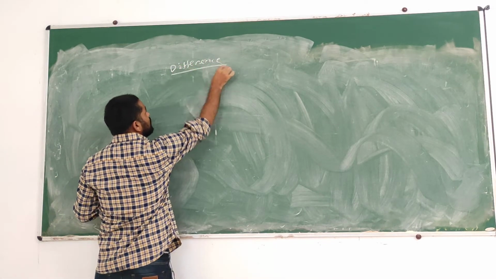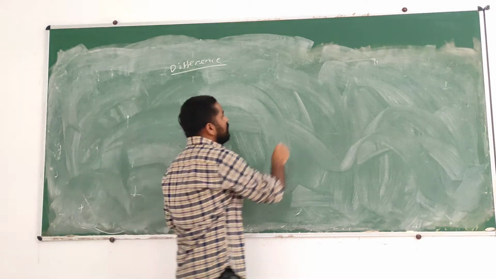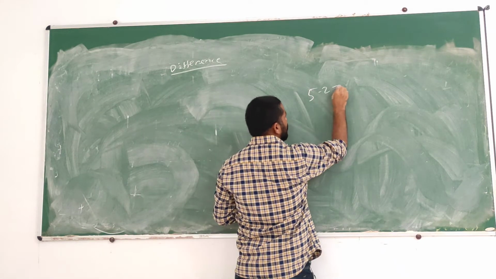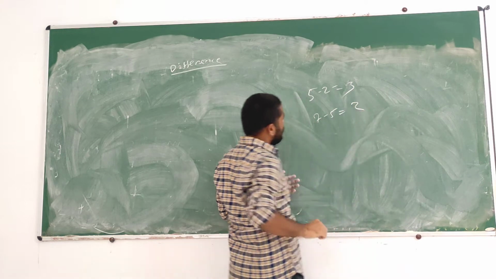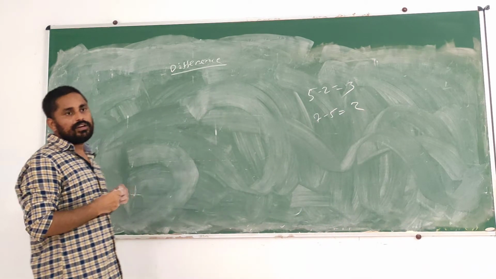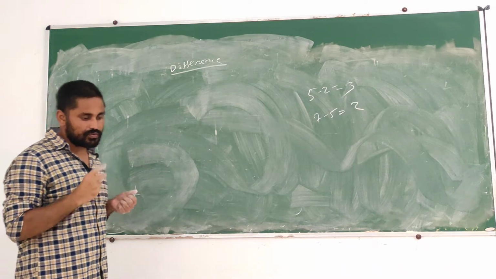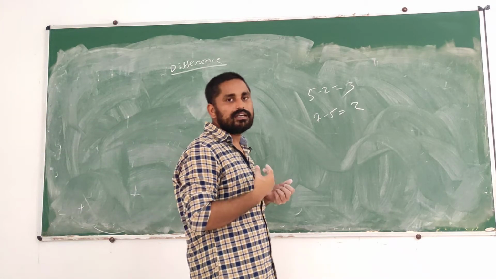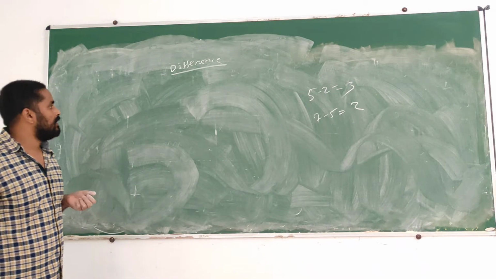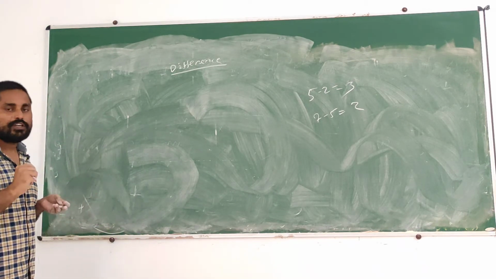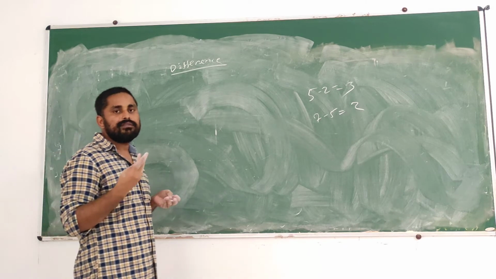We need the value of 5 minus 2, it is 3, 7 minus 5, it is 2. We need to differentiate. We can do it in two ways or multiple ways. There are many circuits, but we are just going to learn two. You can do it by an inverting amplifier as well as a non-inverting amplifier.